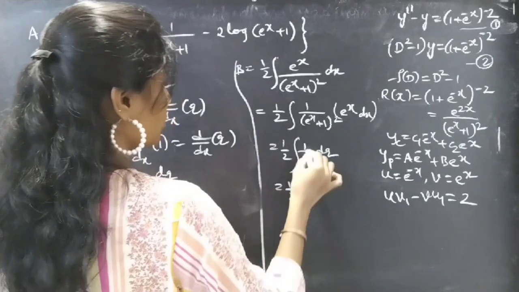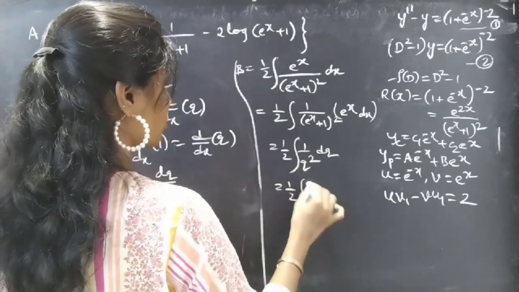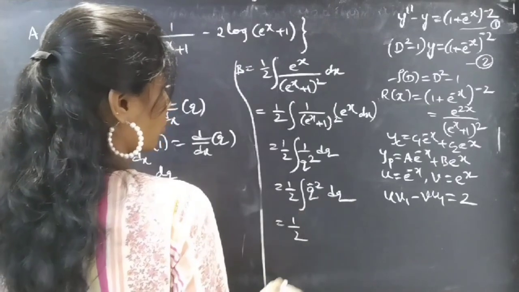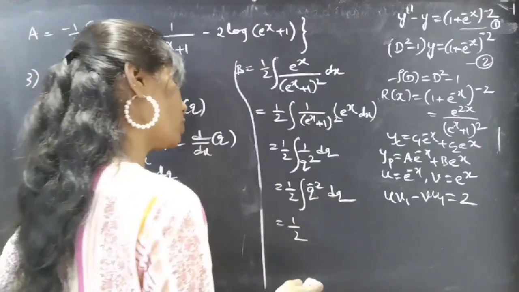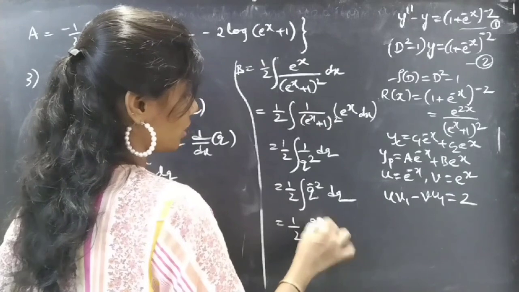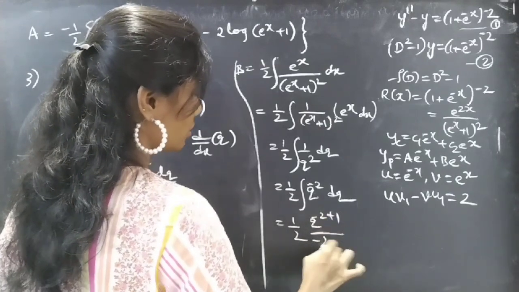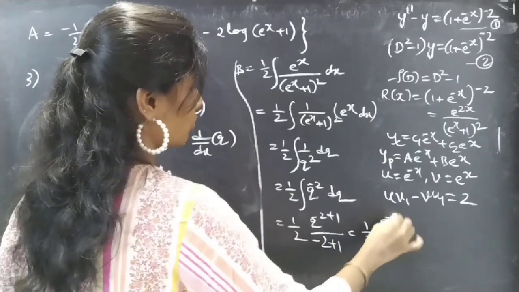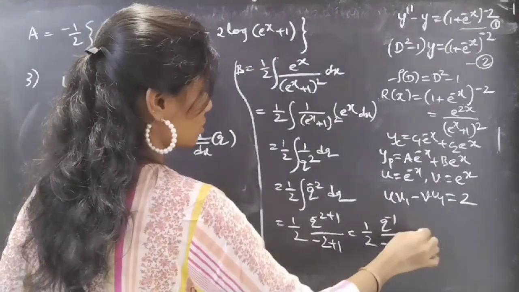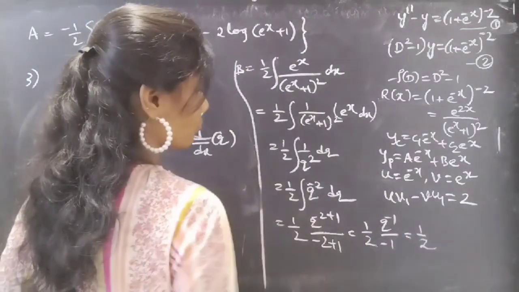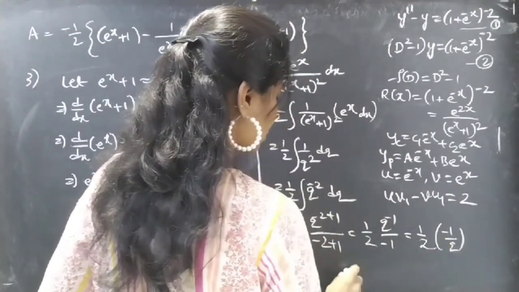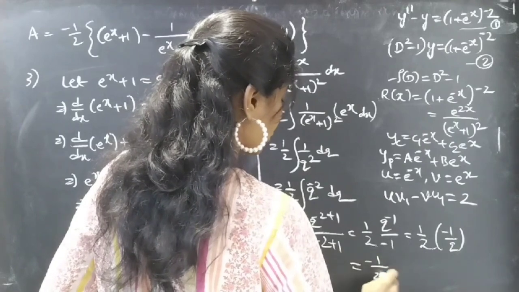Now we can write 1 by q square as q power minus 2 into dq. This equals to 1 by 2 into integral q power minus 2 dq is q power minus 2 plus 1 by minus 2 plus 1, which equals 1 by 2 into q power minus 1 by minus 1, which equals 1 by 2 of minus 1 by q, which gives us minus 1 by 2q.